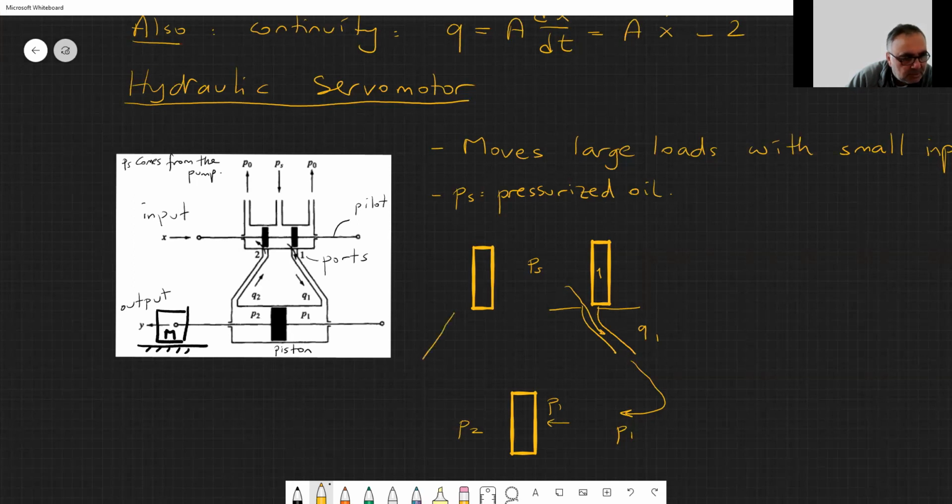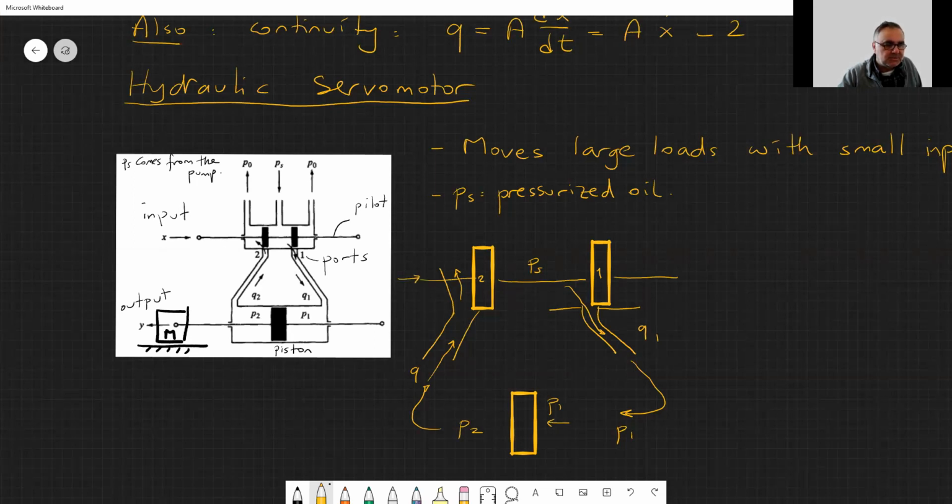Here it will be like this. I don't know whether I could make it understood. These two pistons are connected to each other.